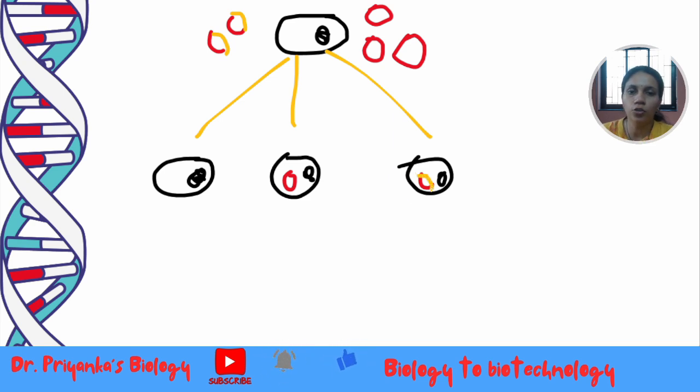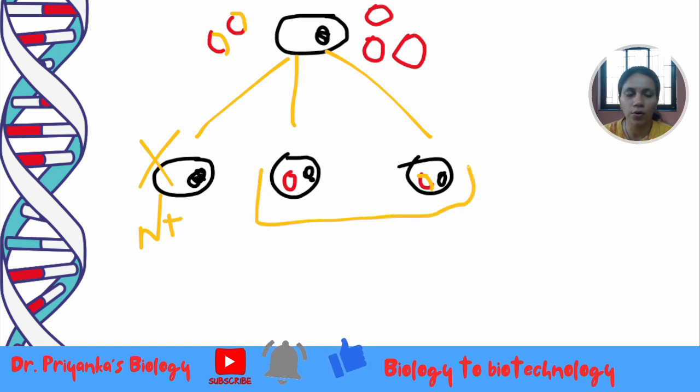The first condition is not what we are interested in because it forms the non-transformant category, and we are looking for this situation, that is transformation, where transformants have formed.